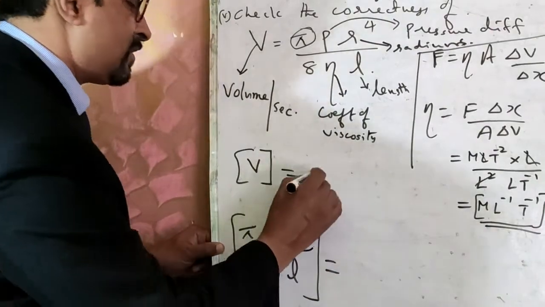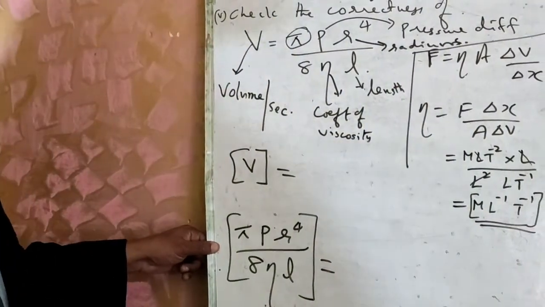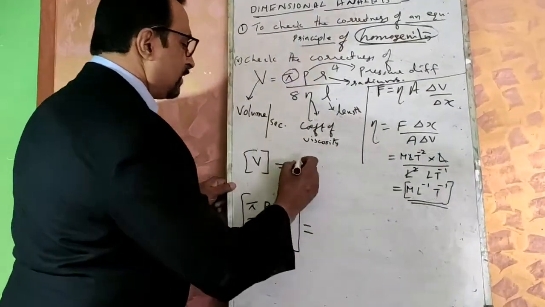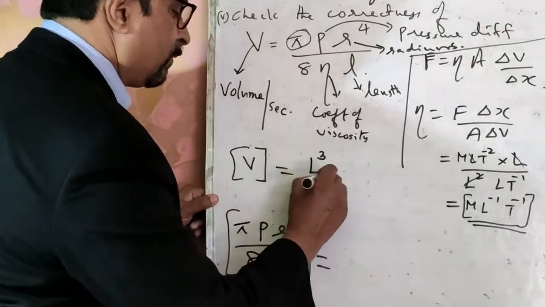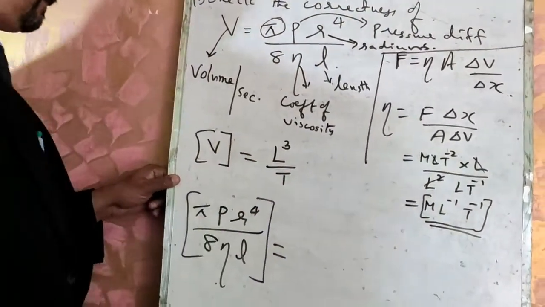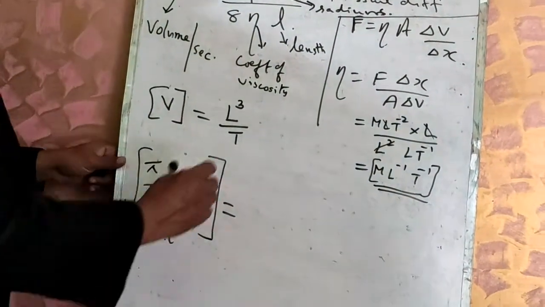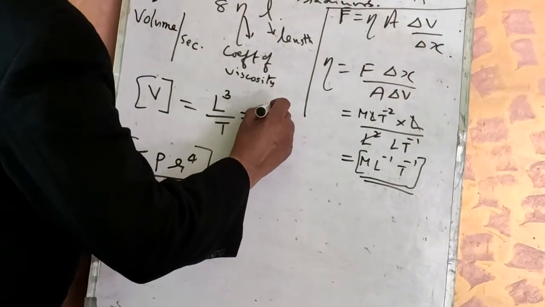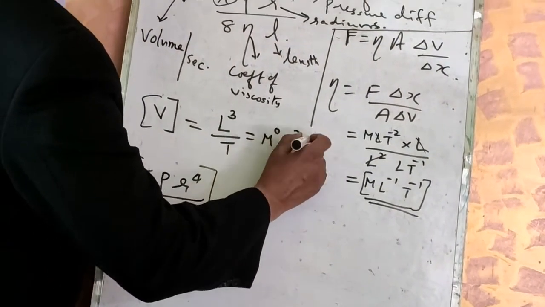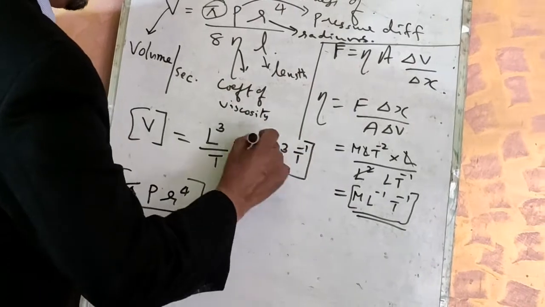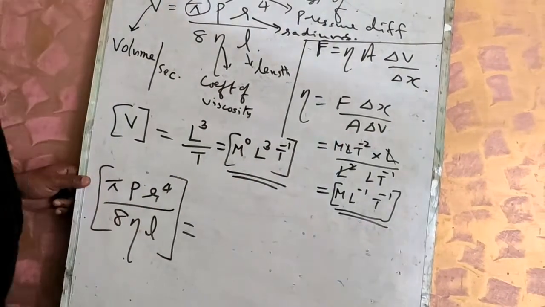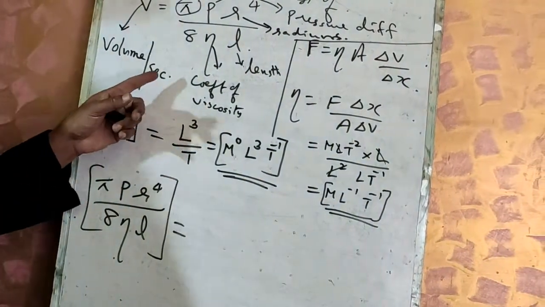If both these dimensions are equal, then the equation is correct. And this one, the volume of the liquid flowing through the pipe in 1 second, is L cube by T. So the dimensional formula will be: there is no mass, length is 3, time is minus 1.